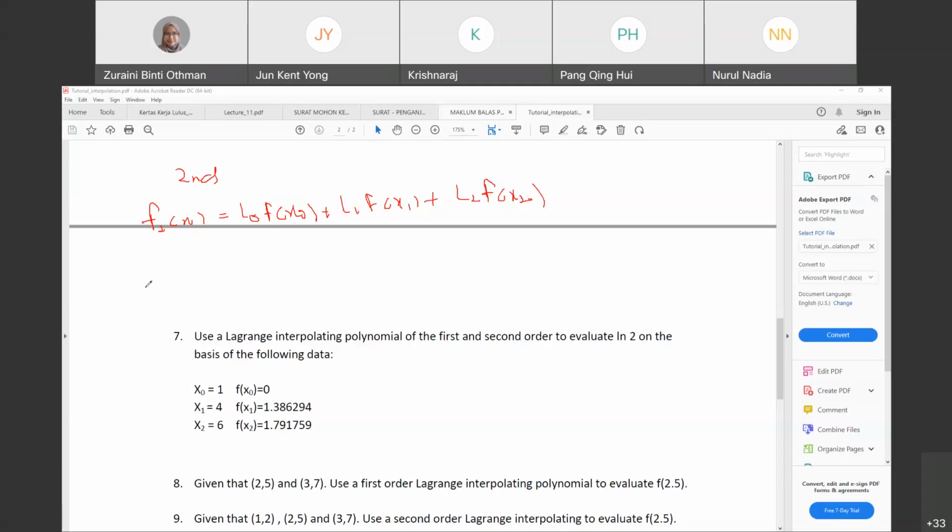Okay, sekarang kamu kena tahu, kamu kena cari L kosong, apa dia, L1 apa dia, and L2 apa dia.